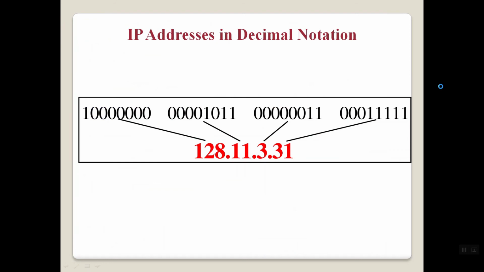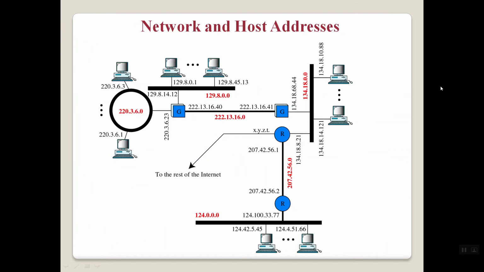Now for the network and host addresses, you can see there are different blocks of networks. In the lowest area you can see 124.0.0.0, because the host ID is nothing but the address which connects the system or the network with the global internet.